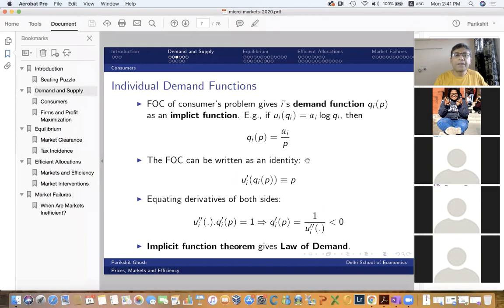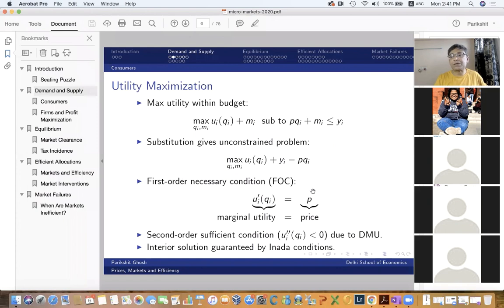Now, this optimality condition, this condition of optimal choice, utility maximizing choice, implicitly contains information that gives us the demand curve or the demand function, right? That information is contained in this equation. What is a demand function?